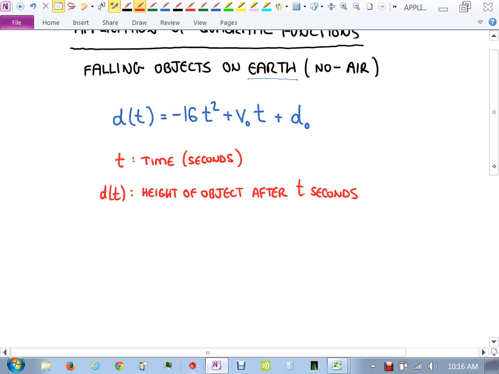Now, I really want you to understand what that means. Remember when we talked about functions, there was always input, output, right? Input, output. This function, the way it works is this. You give it a time, it tells you how high the object is, okay? That makes sense? The input is how much time has gone by since you dropped it or let it go.